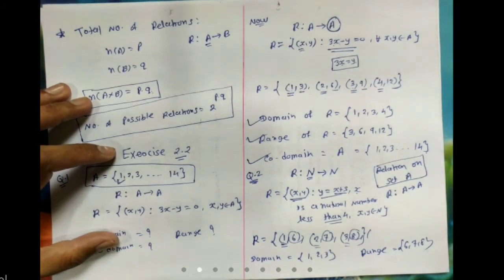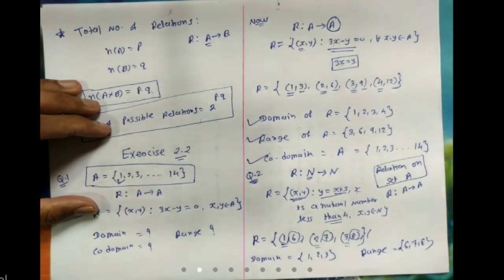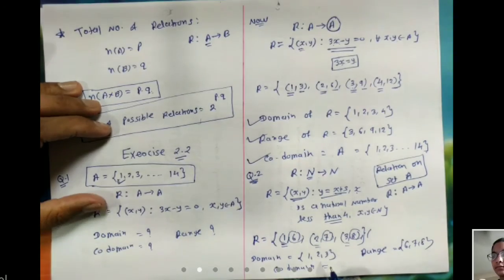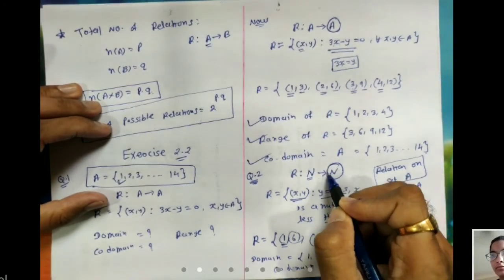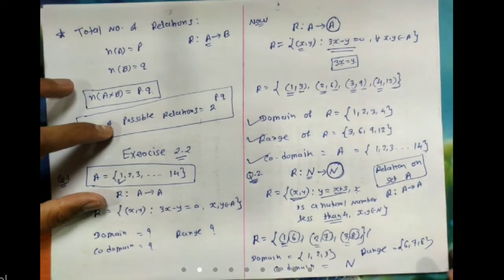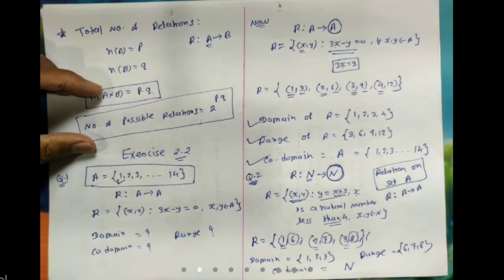And what is codomain? Codomain is the set on which the relation is defined. Here the second set is N. So our codomain is natural numbers N, which is everything from 1 to infinity. Clear?